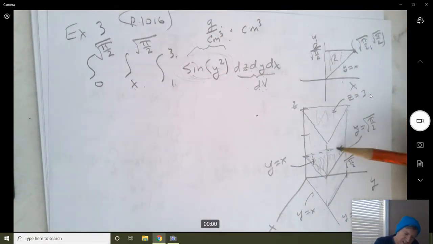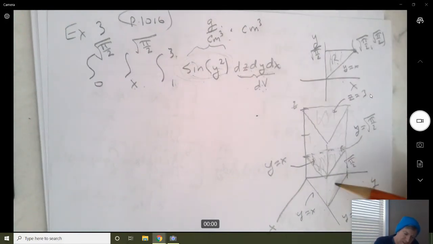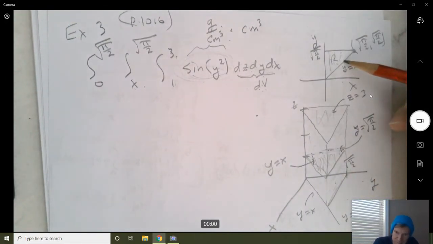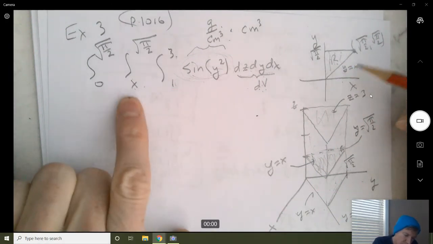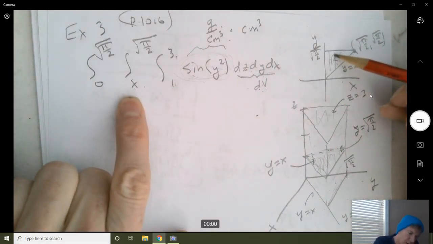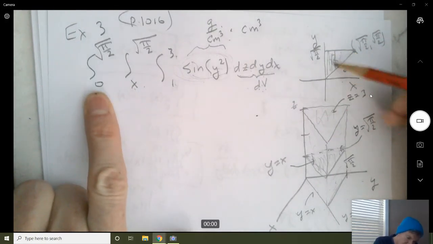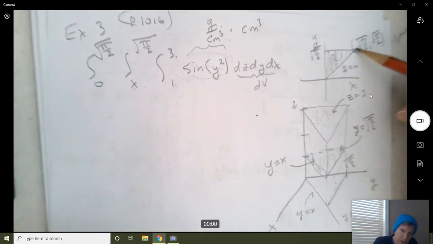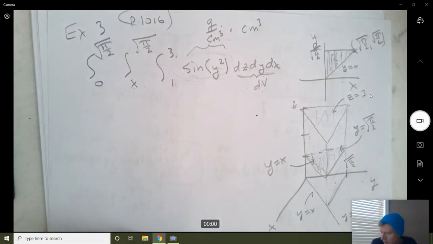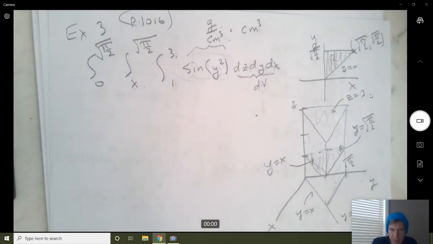And then when you project that down to the xy plane, it's a little easier to see it here. Now your y goes from y equals x up to y equals root pi over 2, and then you add those up as x goes from 0 to root pi over 2. And you could evaluate that. I just want to work on the setup right now.